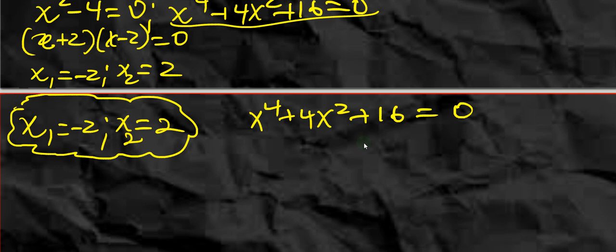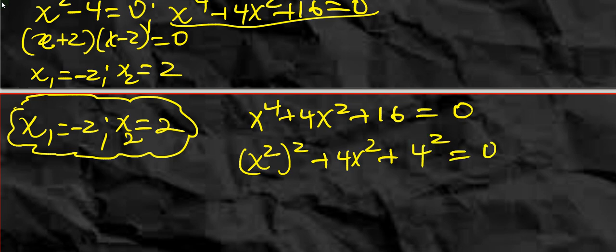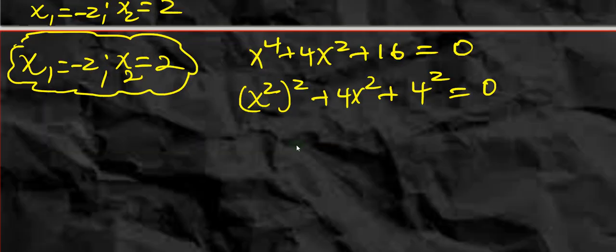This is x squared squared plus 4x squared plus 4 squared, and then this is equal to 0.